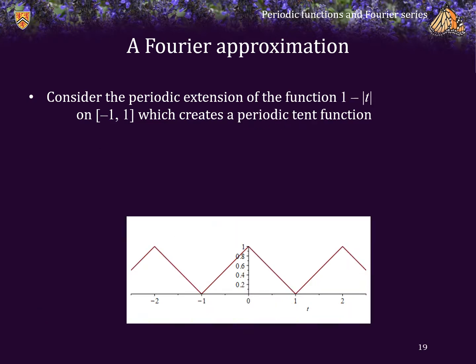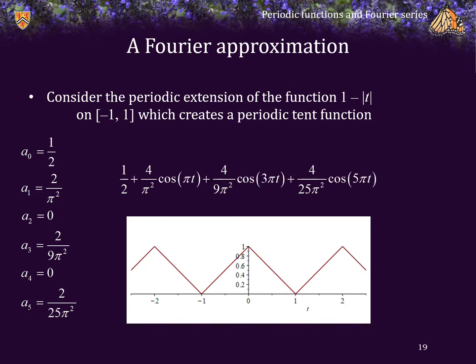As another example, consider the periodic extension of the function 1 minus the absolute value of t, again on the interval from -1 to 1. This creates a periodic tent function. Once again, we can calculate the coefficients, and then from those coefficients we may deduce that the approximation of this periodic tent function is given by this cosine.